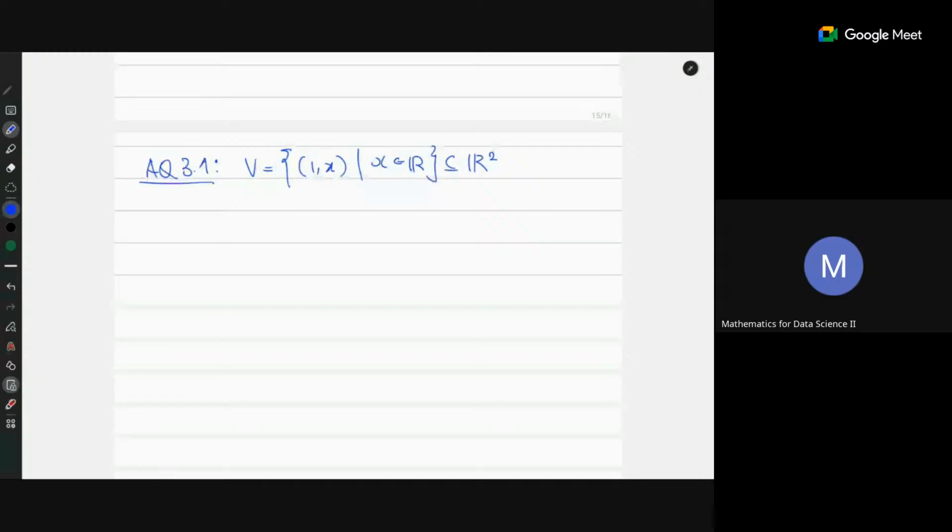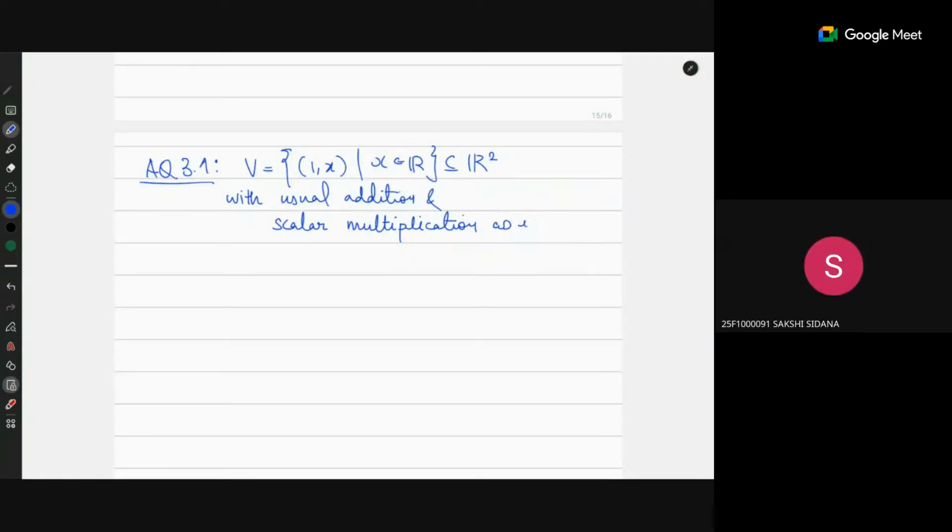With the usual addition and scalar multiplication. So does everyone understand what this means? Given the associated statements below, choose the correct option.